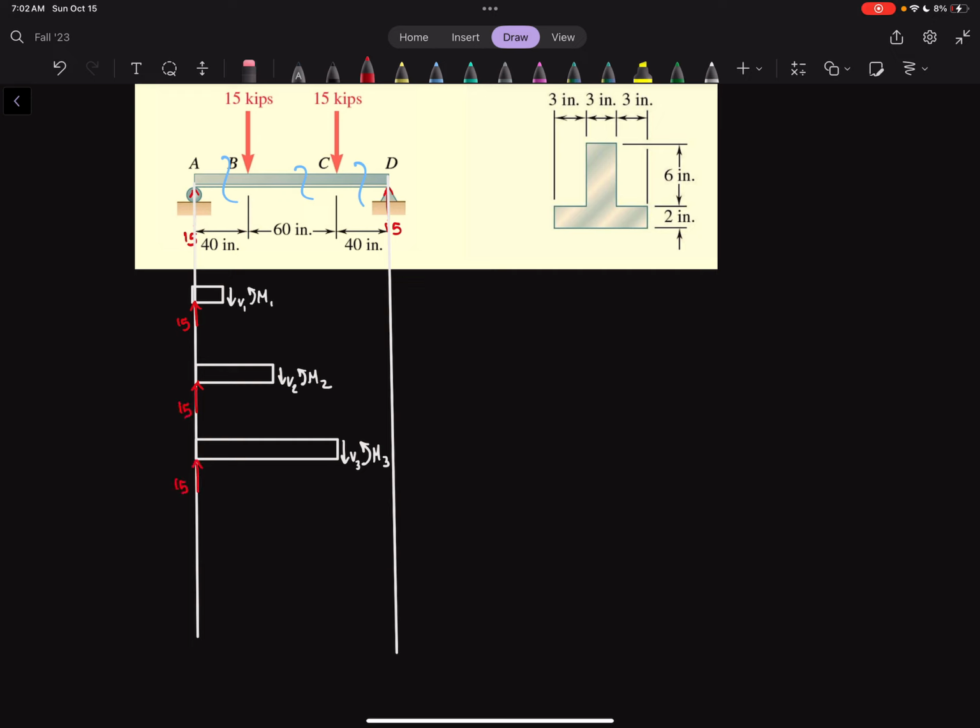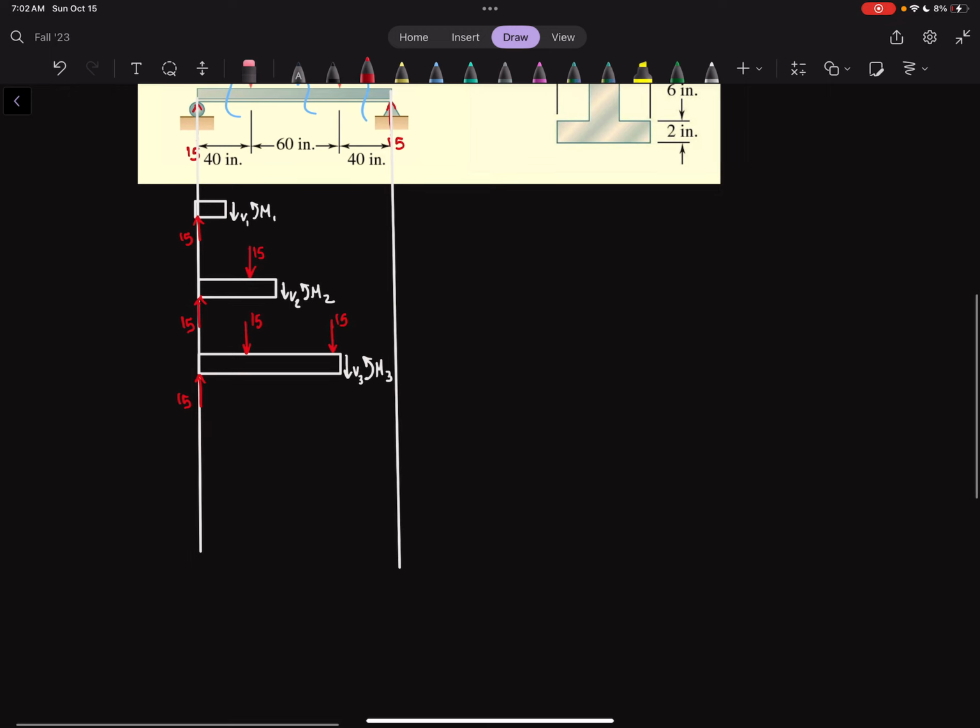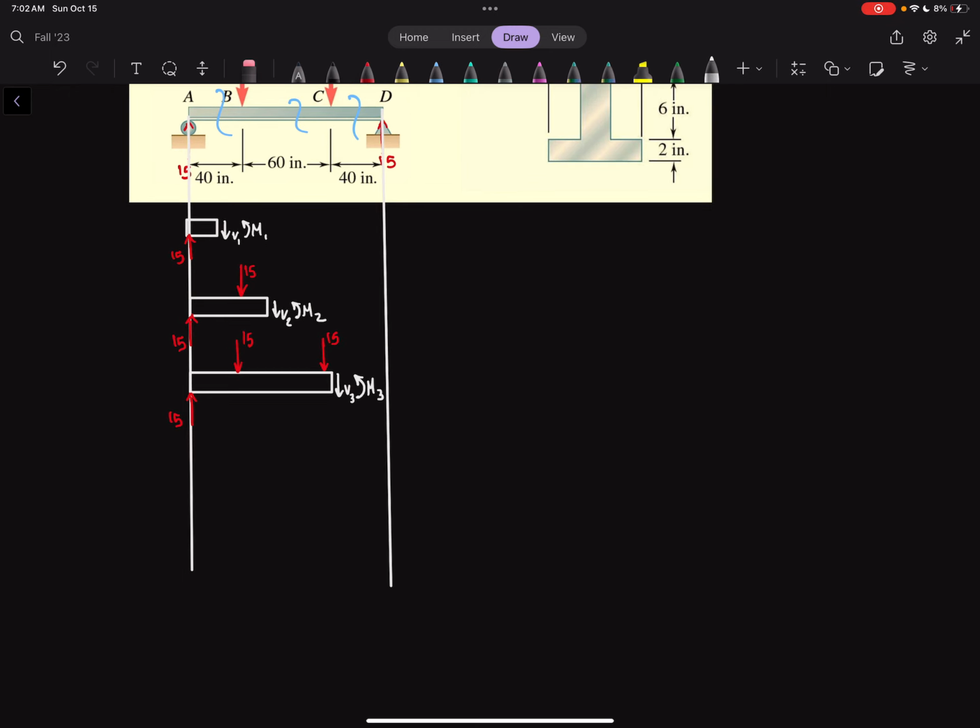Here we're going to have our 15 going down, and that's going to be right here as well. And here we're going to have our 15 going down. So now that we have these things, we can say this is an X value. Again, this is an X value.